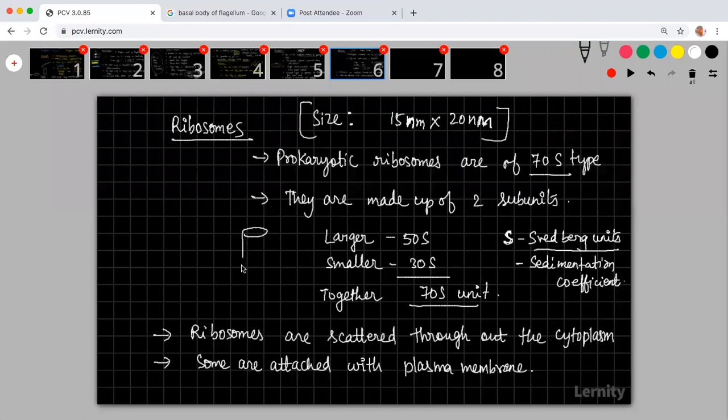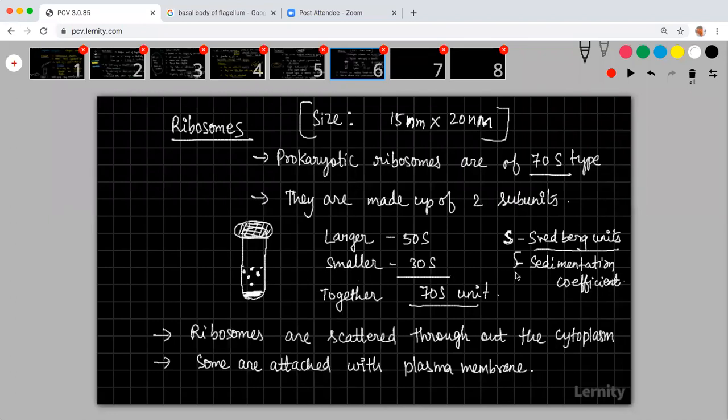I take the tissue or cells in a liquid, cover it up, and use it in a centrifuge machine. When I do that, certain parts will settle down, and certain parts will remain in the supernatant.